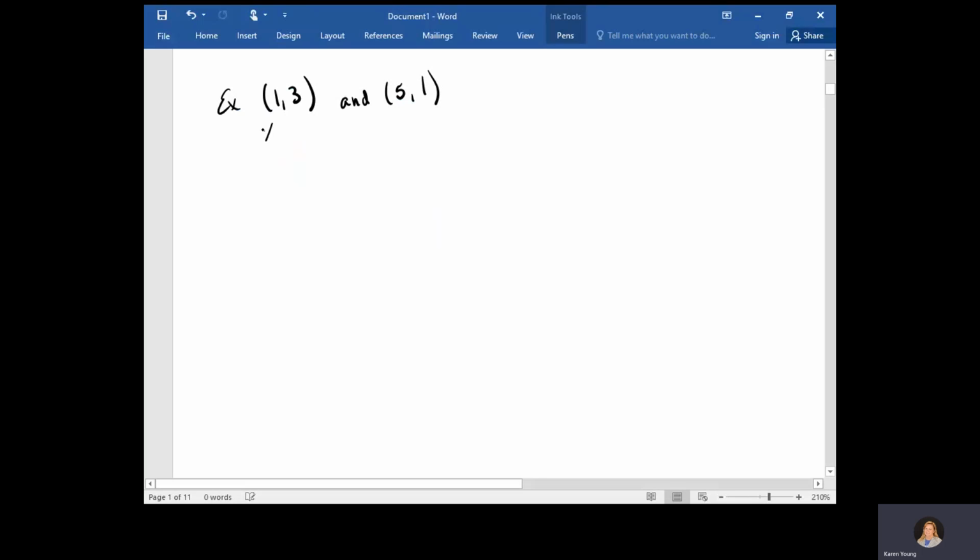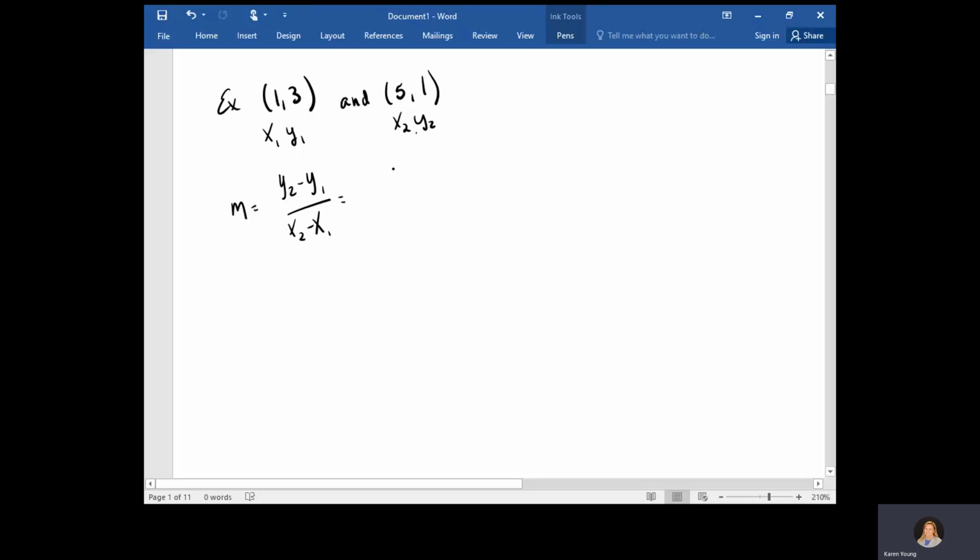It doesn't matter as long as you stick to it. I've got x1, y1, x2, y2. So with my slope, and sometimes slope is labeled as m, it still means slope. So y2 minus y1 over x2 minus x1. If you write this formula down enough, then you have it memorized.